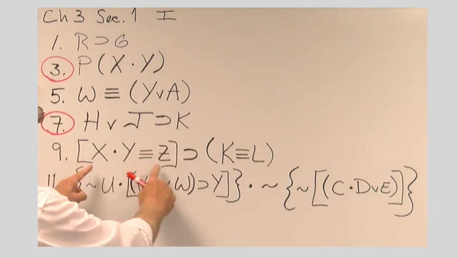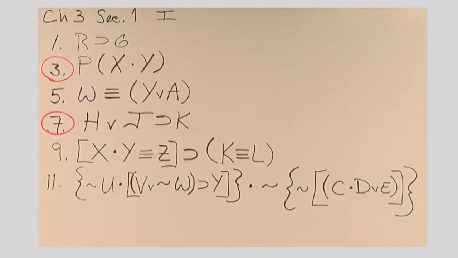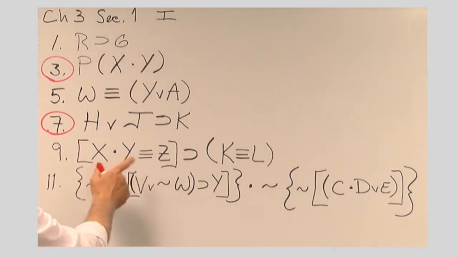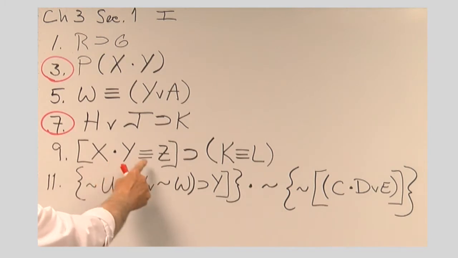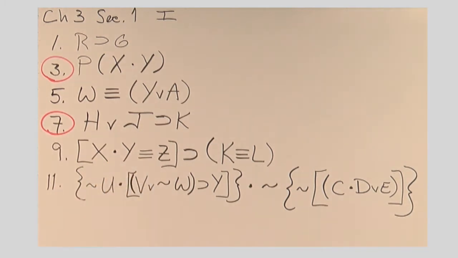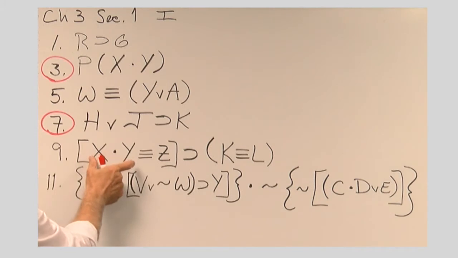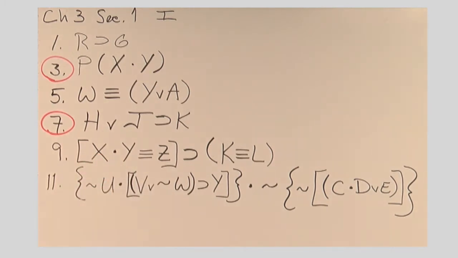It's got open and closed braces, and yet inside there's not just one governing connective. We've got a dot that could be the governing connective, or the triple bar. We don't know which one it should be. Within the set of braces here, what we need is a set of parentheses, but we don't have them. So this is an ambiguous expression. It's not well formed. So we would circle the number for it.